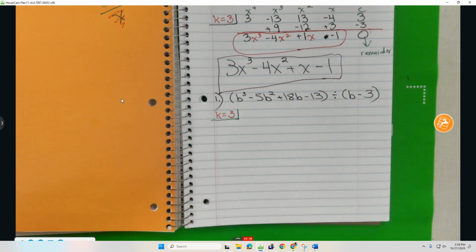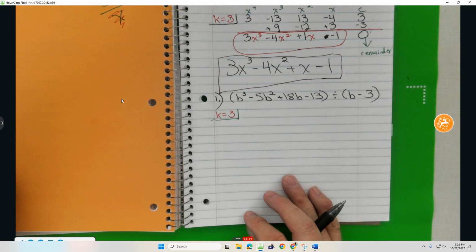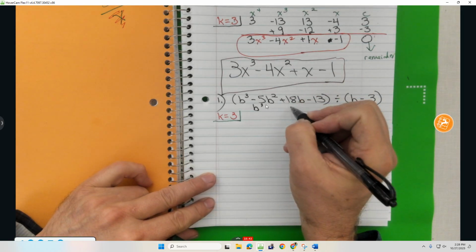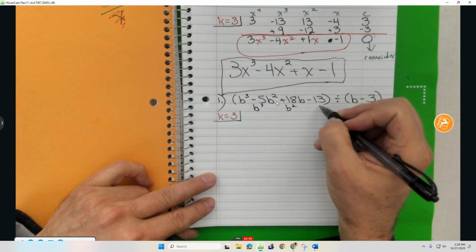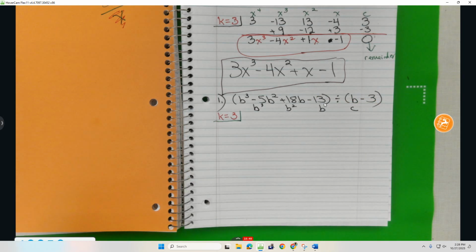And then we put in our column headings. What's our largest power appearing in the dividend? Okay, so we have a b cubed, a b squared, a b to the first power, and finally our constant. We fill in the coefficients across the top.